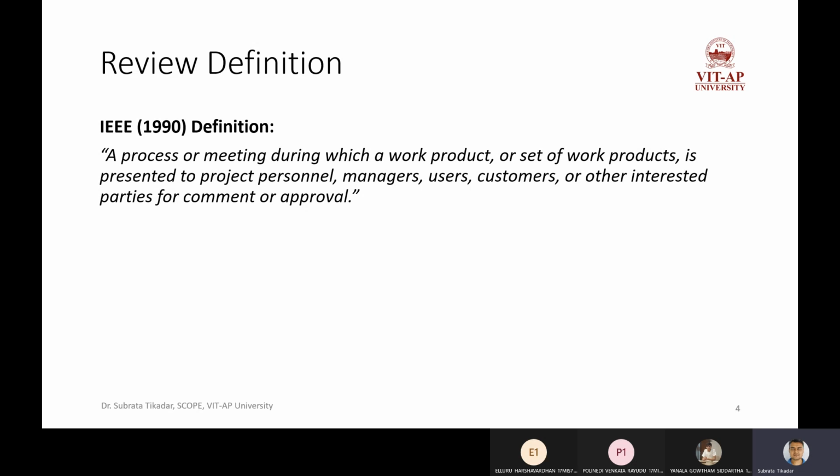This is generally a meeting or process through which we can get feedback from experts, user groups, or customer groups to modify our proposal or rectify errors. So it is basically a meeting where different stakeholders are present and state their opinions to improve the quality of the product.